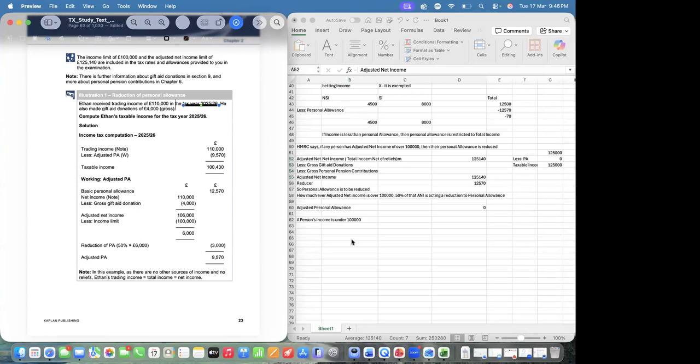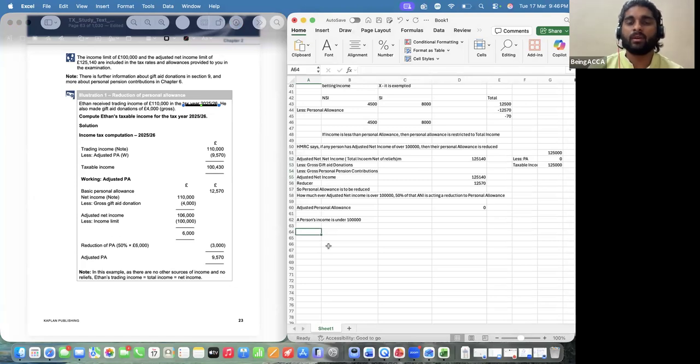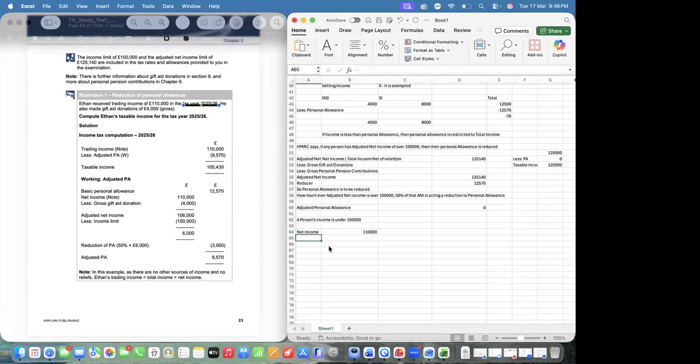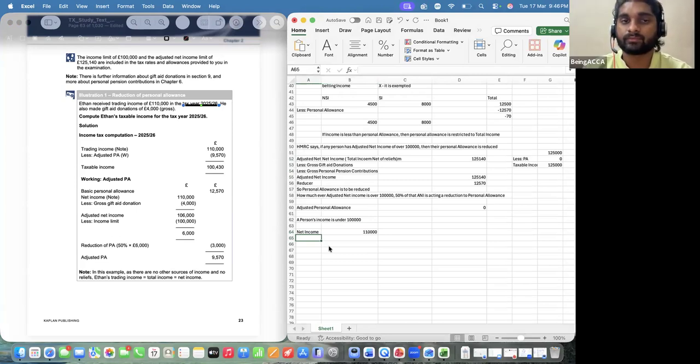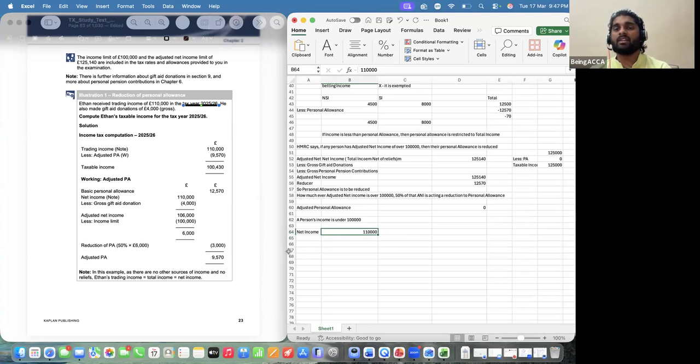Now what is happening? We know the net income. There were no other reliefs mentioned. So net income is 110,000, correct? Yes, sir. Do we have any other kinds of income? We only have trading income. So from that, what do we have to calculate? Adjusted net income, because we have identified that the income is over 100,000.